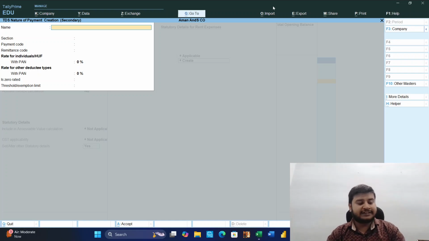The section for TDS collection is section 194-I for rent.